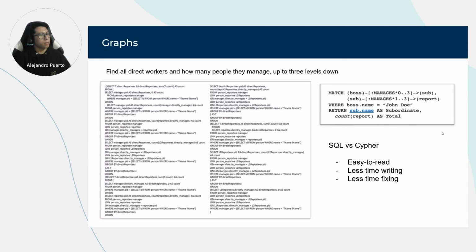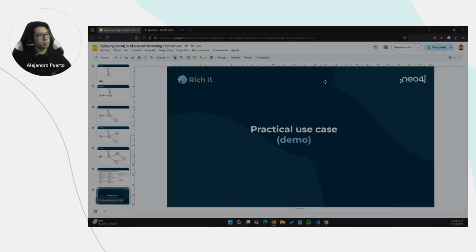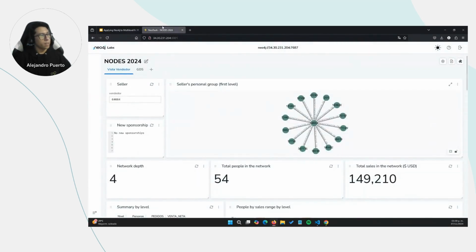Neo4j has Cypher as its query language, which is easy to read. It means less time writing and less time fixing. It is a powerful language for querying graph data. That said, we will look at a dashboard made with NeoDash that also helps with the data analysis process.